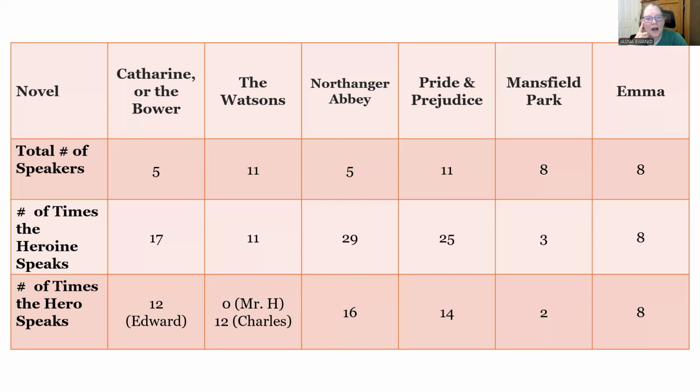Northanger Abbey, Henry Tilney speaks 16 times, so still pretty high. Pride and Prejudice, Mr. Darcy speaks 14 times. Mansfield Park, Edmund Bertram speaks 2 times. Again, that whole chapter just kind of shocked me when I started looking at the numbers. And then Mr. Knightley speaks 8 times in Emma.